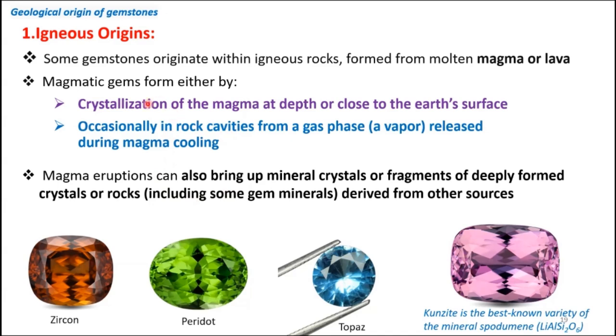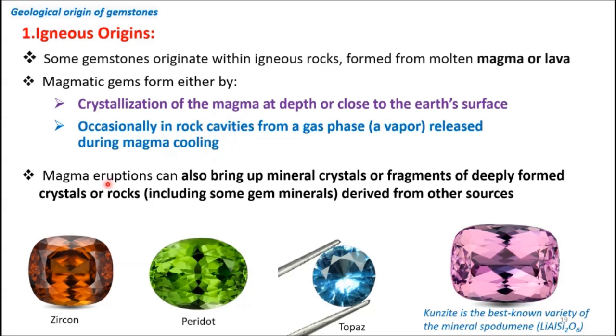So the summary up to now is that sometimes some of the gem quality minerals can directly crystallize from magma. Sometimes crystallization of magma or lava, especially gas or volatile dissolved lava, can create suitable space or cavities to produce secondary or precipitate secondary minerals.